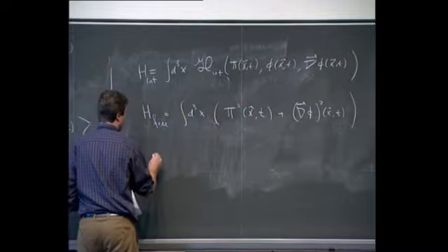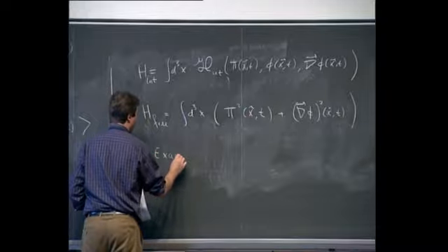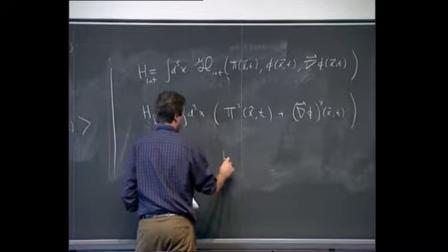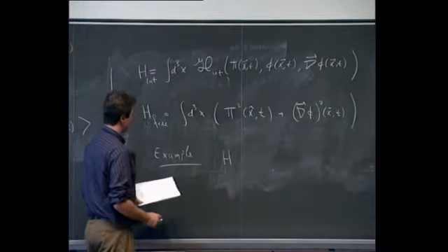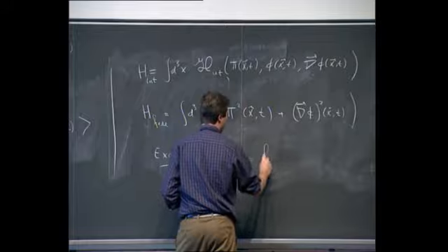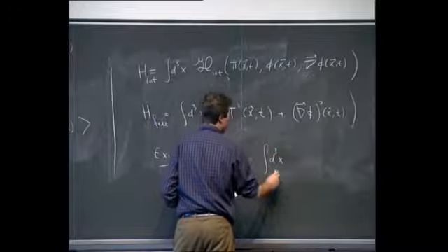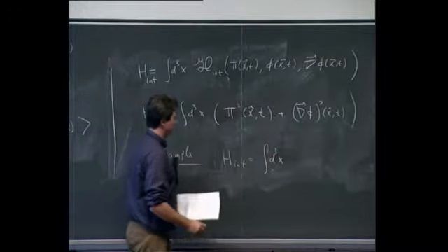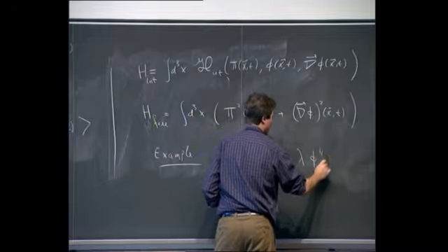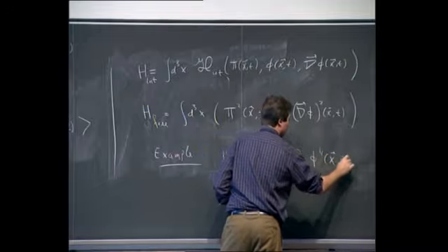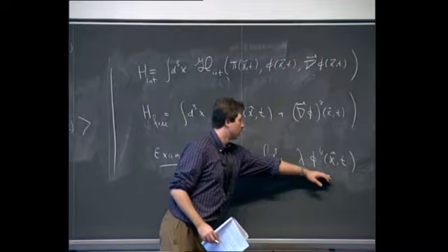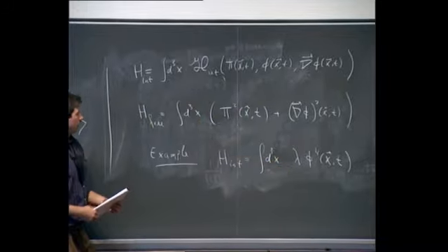And an example of an interaction would be to write down an interaction Hamiltonian, which is the integral, say, of some power of the field phi. Say the fourth power of the field phi would be a typical interaction term that can enter in field theory.